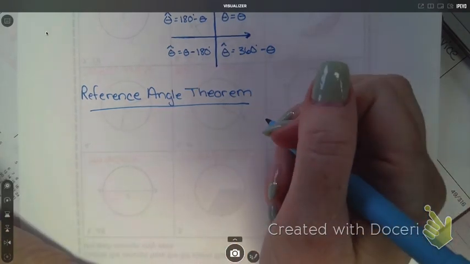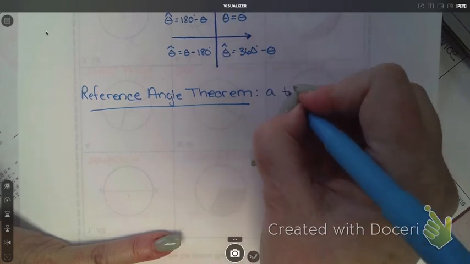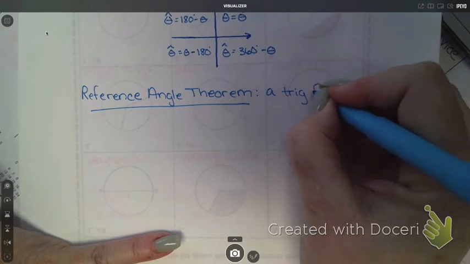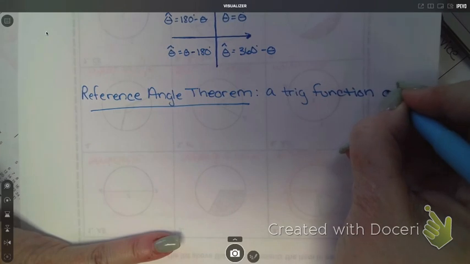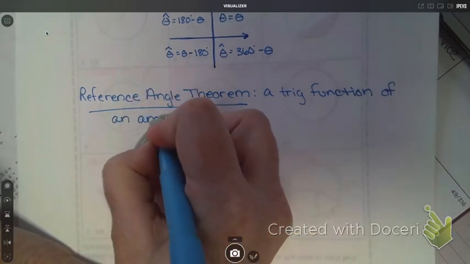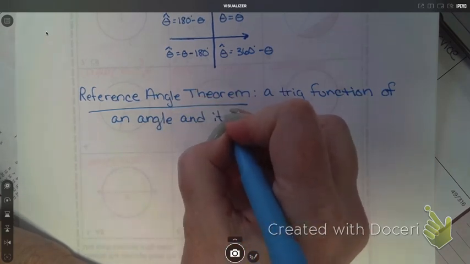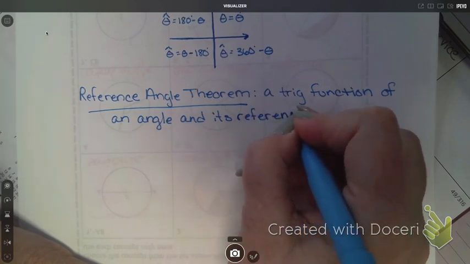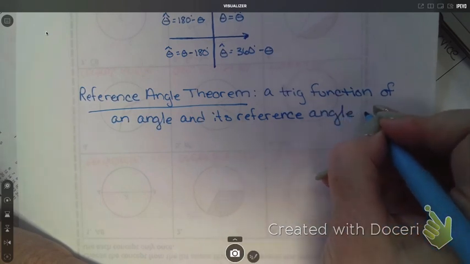All it says is a trigonometric, but we're just going to write trig, function of an angle and its reference angle are the same.